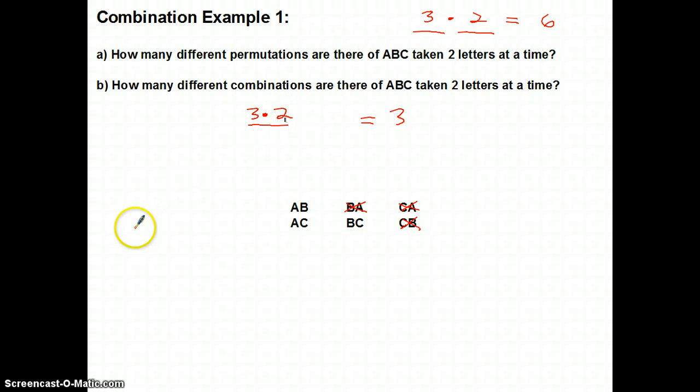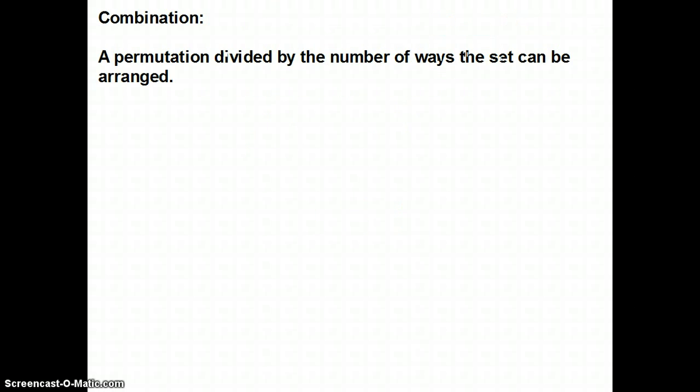But then we need to divide by the number of ways in which we can arrange 2 different letters, which represents 2 times 1. So we have 3 times 2 divided by 2 times 1, which gives us 6 over 2, which is 3. A combination is literally just a permutation divided by the number of ways the set can be arranged.